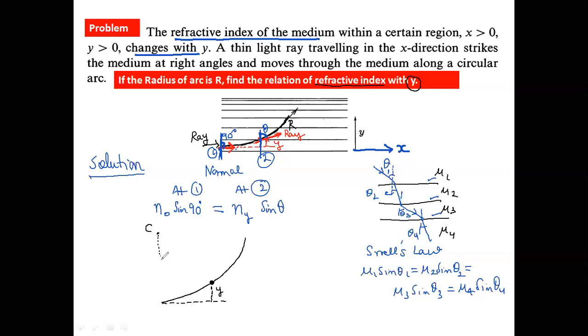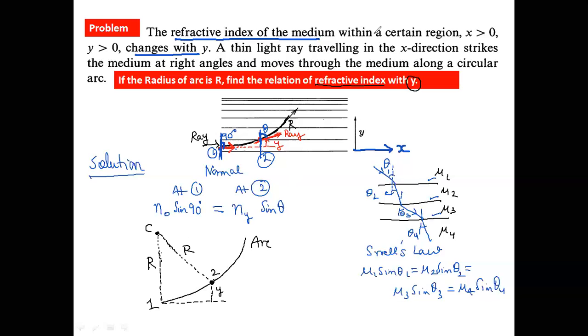If I join the center of curvature to the initial point, it is the radius of the circular arc, and similarly if you connect the center of curvature to point number 2, this length is also r.